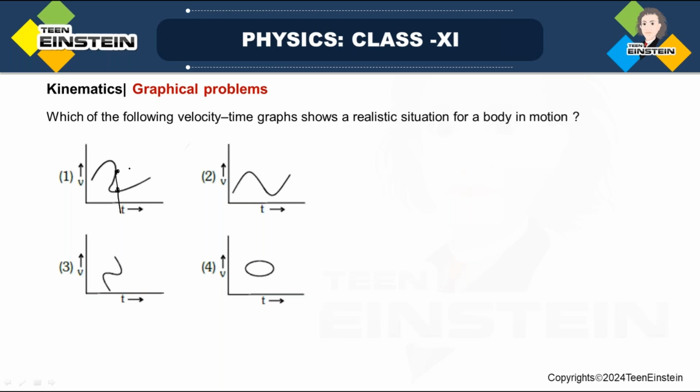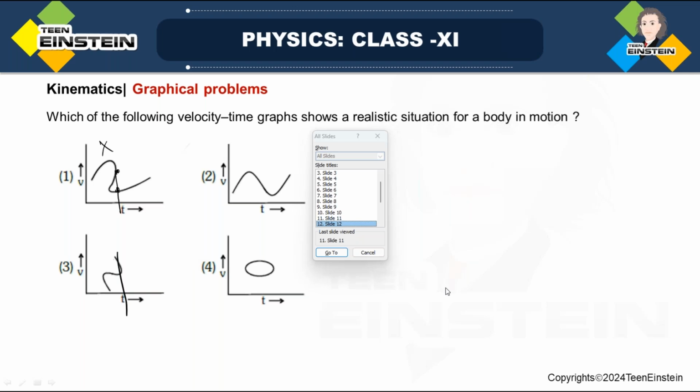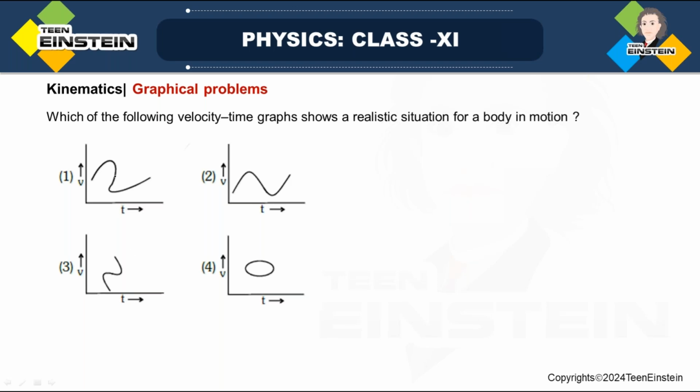So this is not a realistic situation. Now see this, option 3. As you see here, also the same situation will come. If you take a perpendicular like this, you will see the same problem.